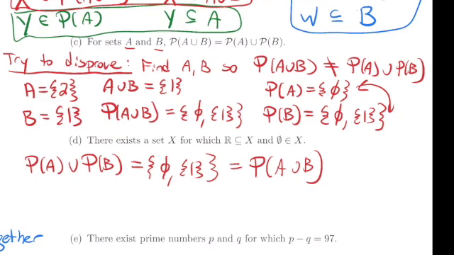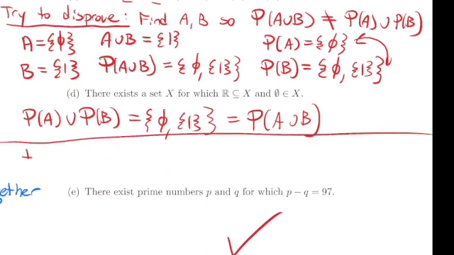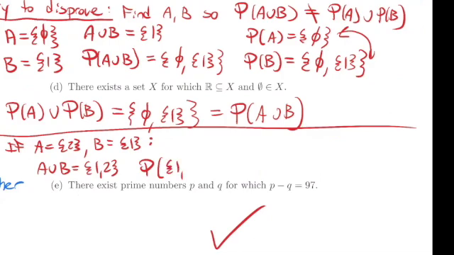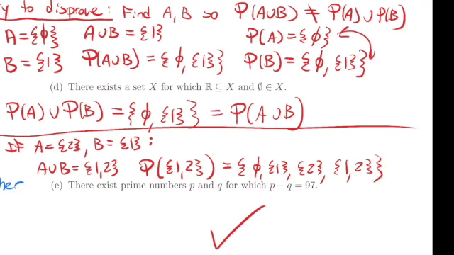And so now if we redo this process, if we instead change A to 2, we still try B as 1, and then let's just write out what all of these things would look like. Then we have A union B is that. And if we write out the power set for A union B, we have the empty set, the set 1, the set 2, and the set 1, 2.